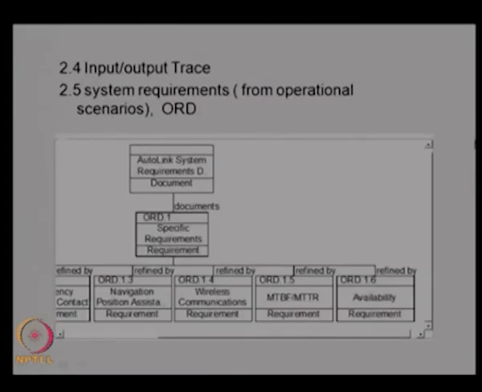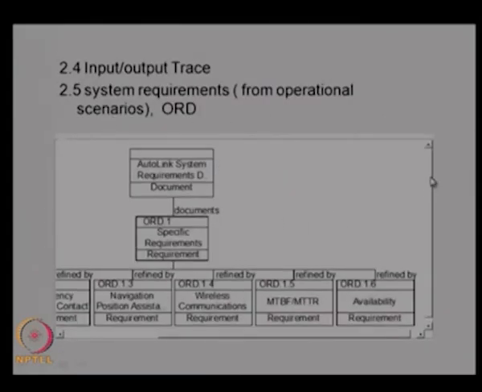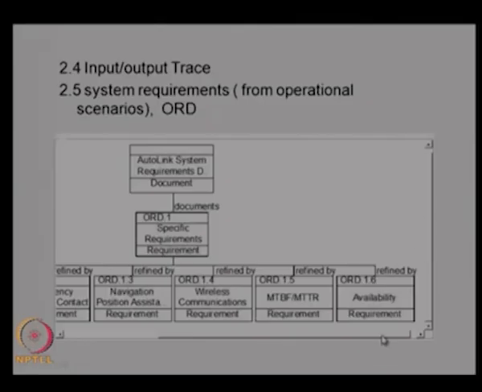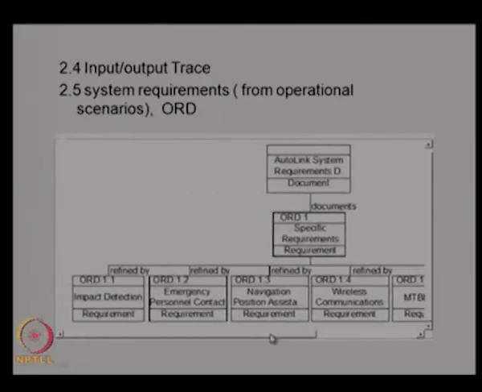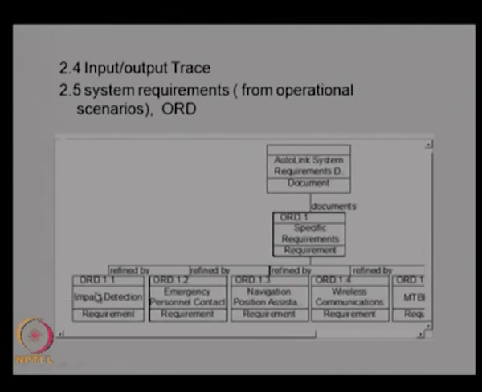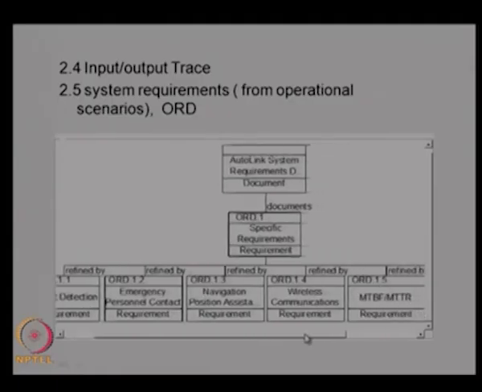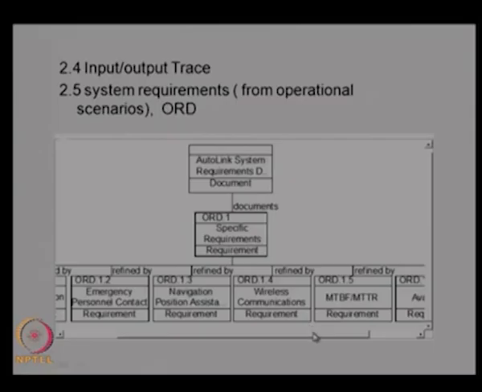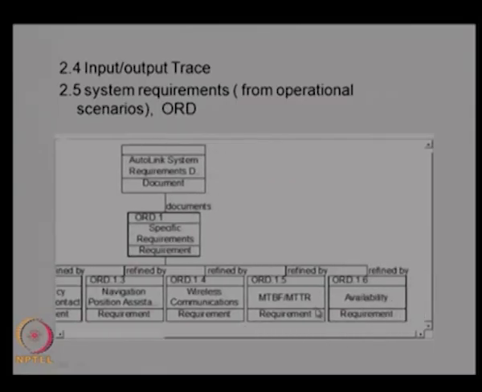This actually shows the requirement document. As I mentioned earlier, we need to prepare an originating requirements document based on all the requirements analyzed and identified. So, we have the main requirements like the impact detection requirement, emergency personal contact requirement, navigation position assistance, wireless communication requirements, then mean time between failure and repair requirement, and availability requirement.